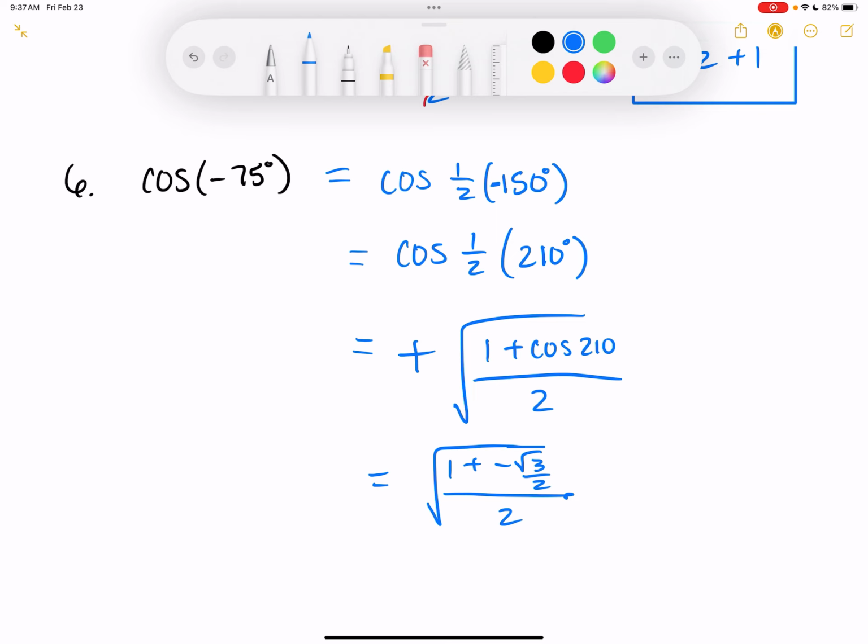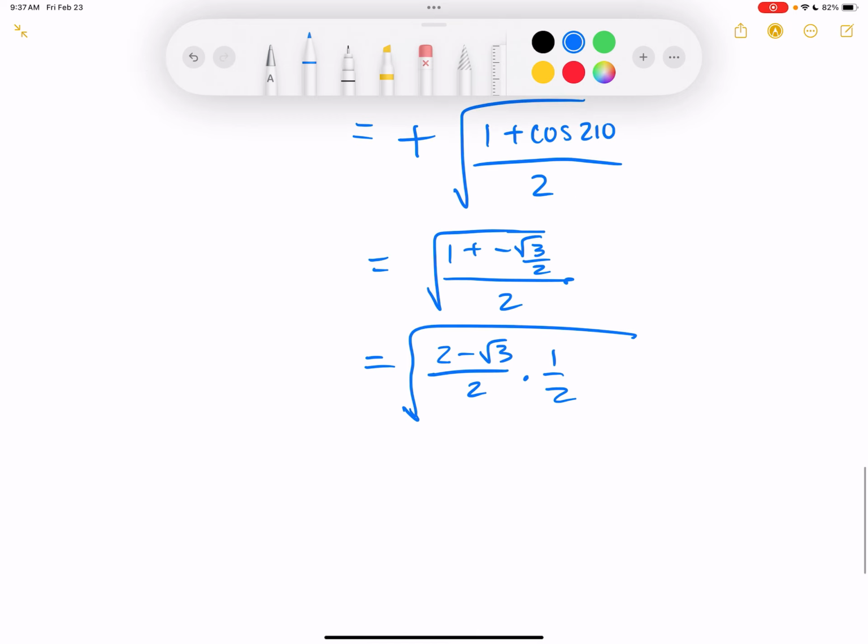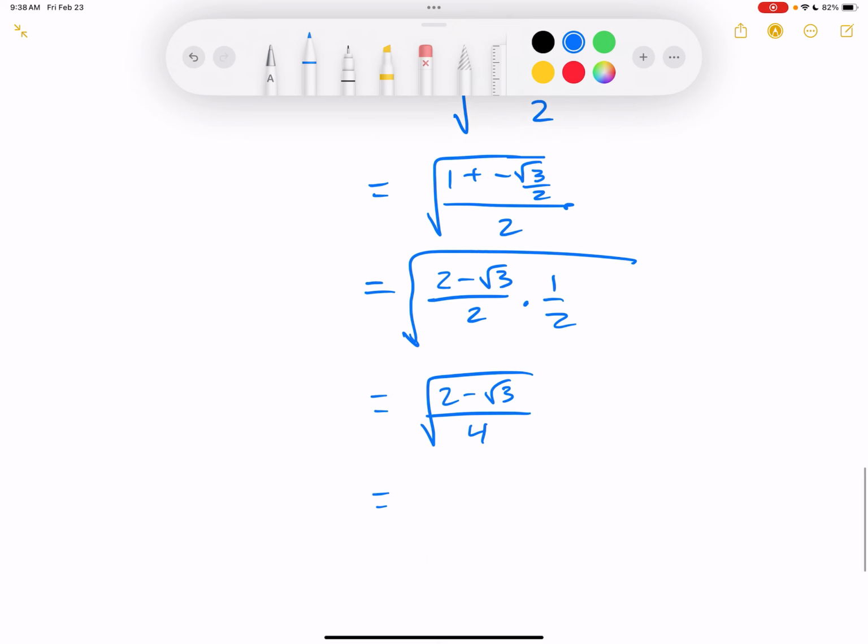So then common denominator on the top, 2 minus root 3 over 2. I'm going to go ahead and deal with this times 1/2, and that's all under the square root. So 2 minus root 3 over 4, which is square root of 2 minus root 3 over 2.